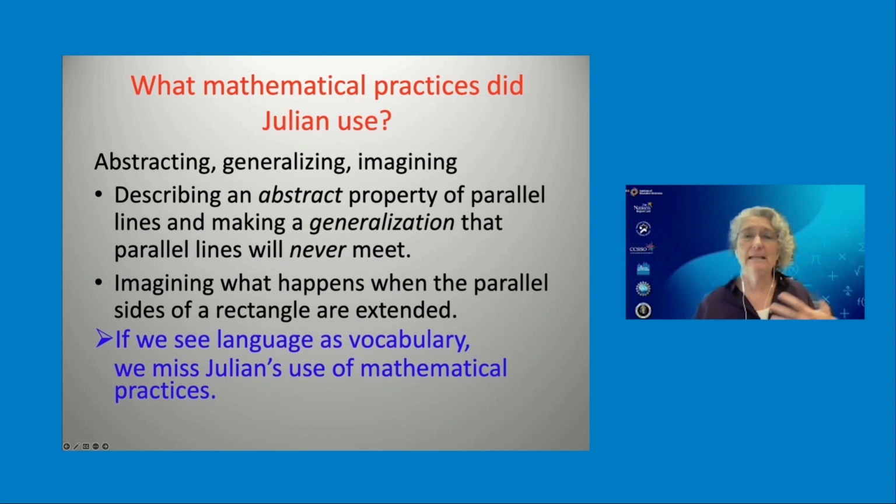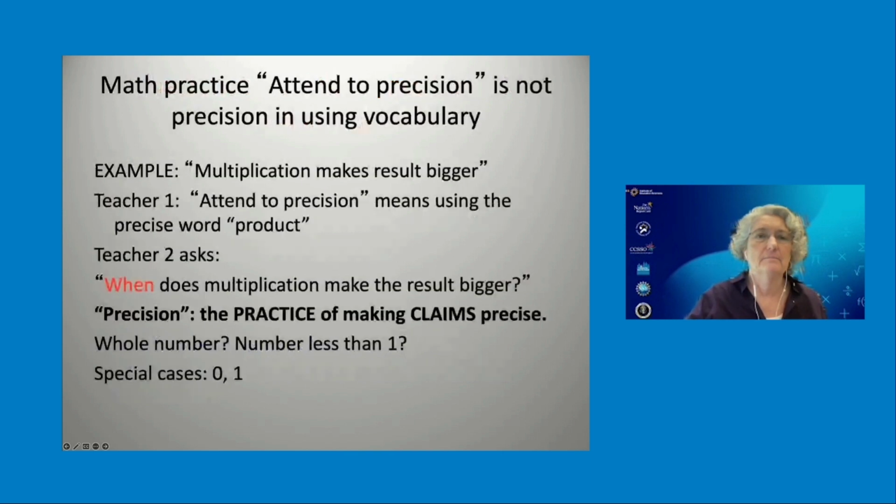He was describing an abstract property of parallel lines and making a generalization that parallel lines will never meet. He was imagining what happens when the parallel sides of a rectangle are extended. So if we see language as only vocabulary, we miss Julian's use of mathematical practices.